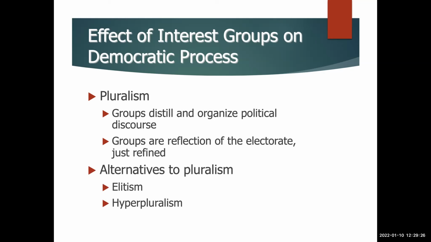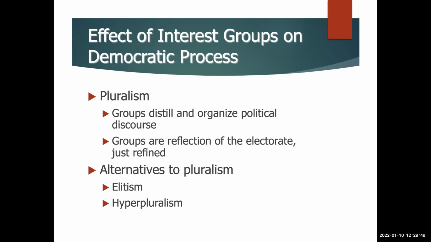The two primary alternatives to pluralism, sort of other perspectives, are sometimes referred to as elitism and hyperpluralism. So the elitist perspective is that interest groups are problematic because they are very effective.